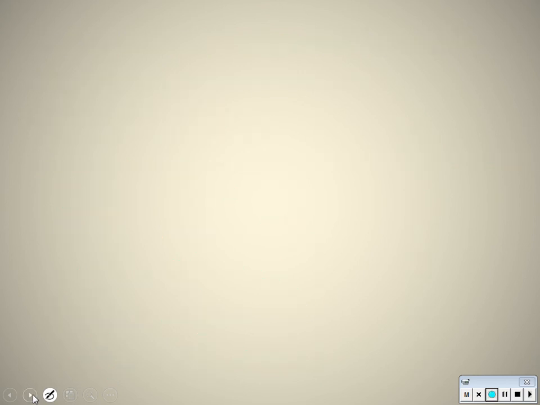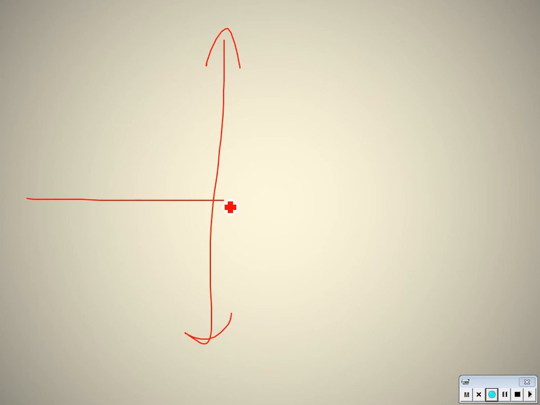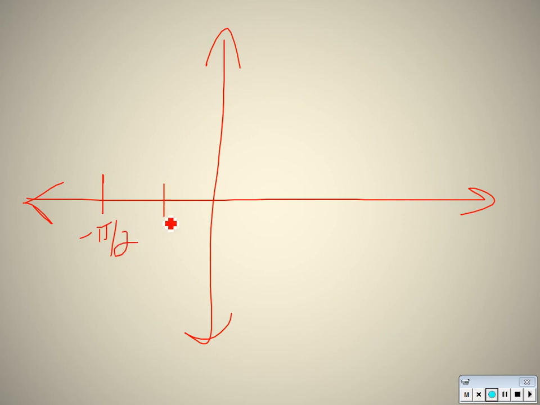Now I can start to make the graph. Once again, I'm going to leave myself a little bit of extra space on the negative side of the x-axis so I can fill these points in. So I got negative pi over 2, negative pi over 4, 0 in the middle, pi over 4, and pi over 2.